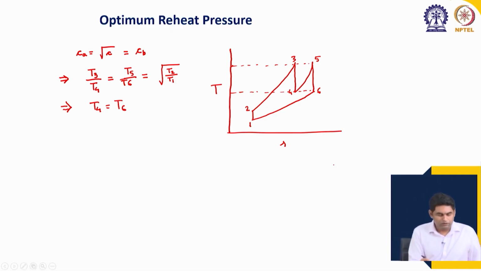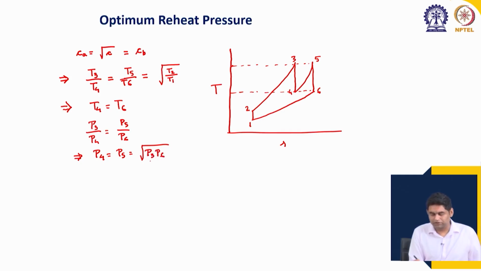Okay. So, this reheat pressure can then be written as, because we know that P3 by P4 is equal to P5 by P6 based on this condition, it means that because P5 and P4 are equal, we can write that P4 or P5 is equal to root of P3 P6.